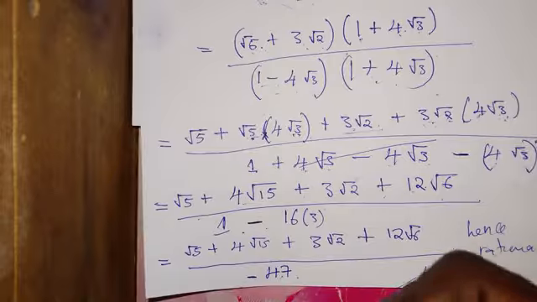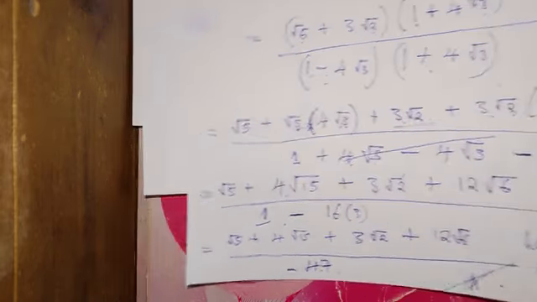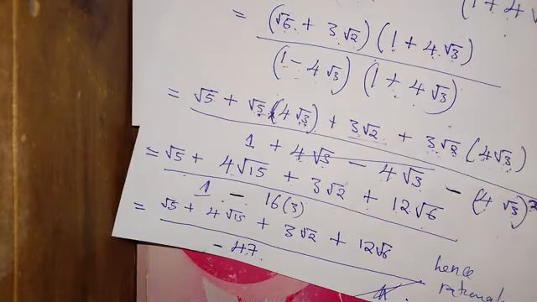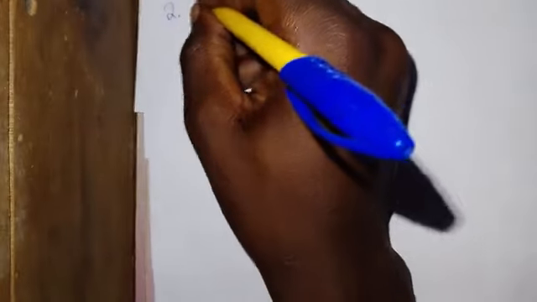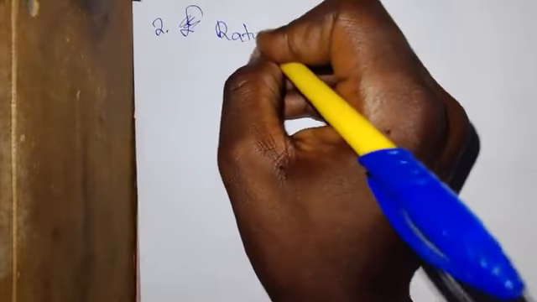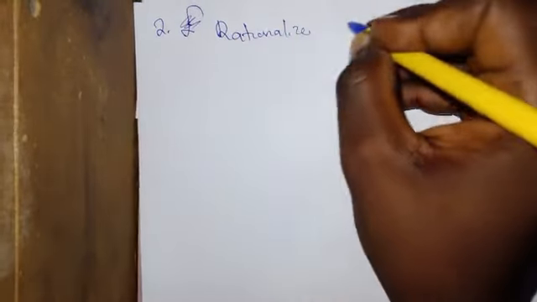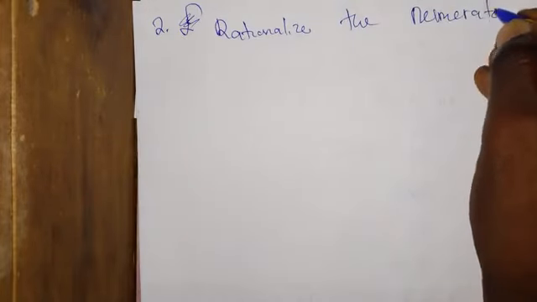But if the question was simply telling you to rationalize the numerator, let's have the second example. So we can have: rationalize the numerator of the following.